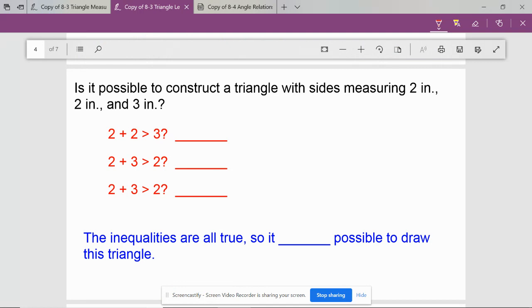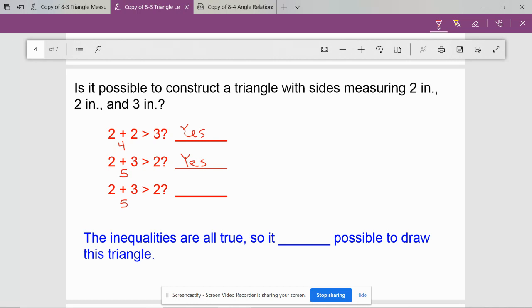Is it possible to construct a triangle with sides measuring 2 inches, 2 inches, and 3 inches? 2 plus 2 is 4. Is 4 greater than 3? Yes, it is. Again, not real difficult. 2 plus 3 is 5. Is that greater than 2? Yes. 2 plus 3 again is 5.